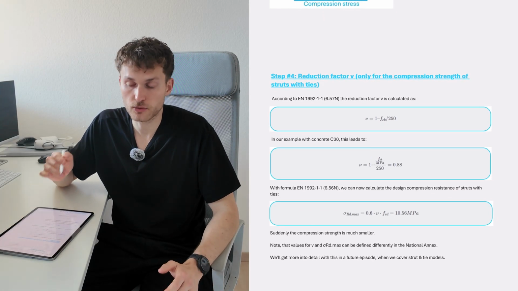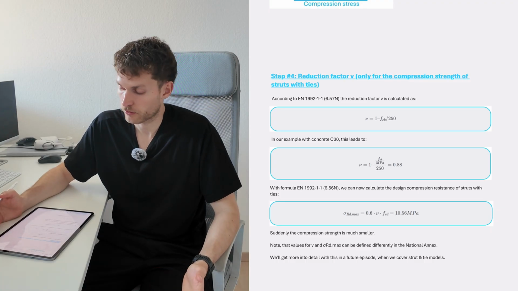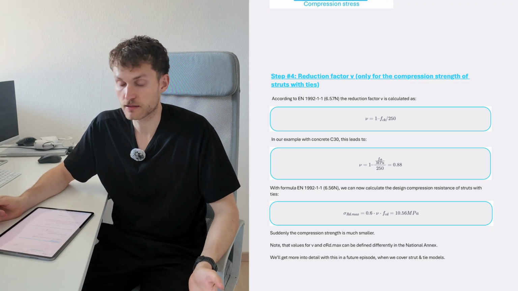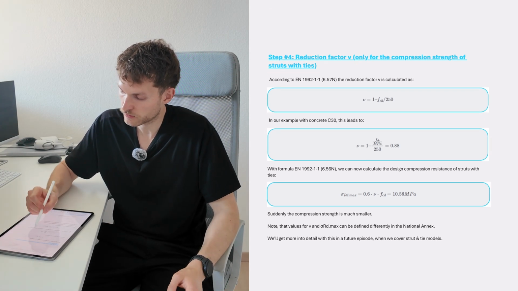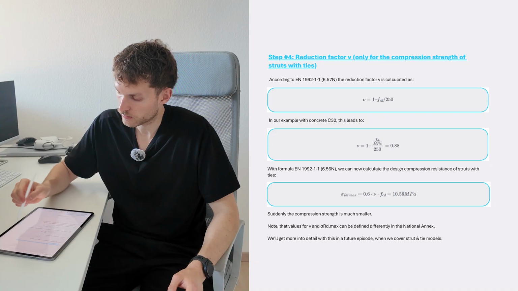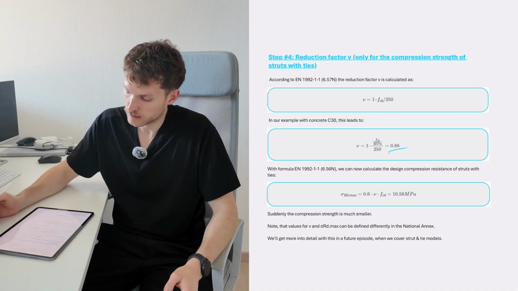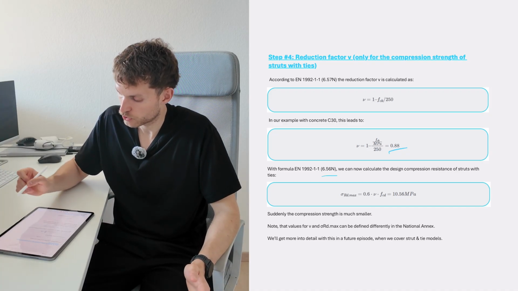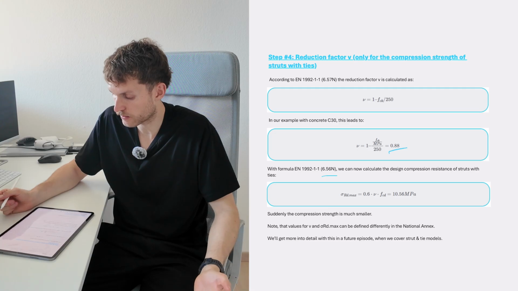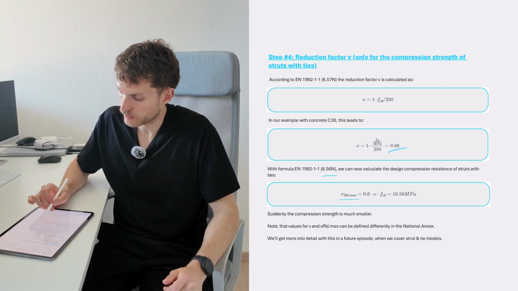And again, this only applies if you calculate the compression strength for nodes with struts and ties. So according to Eurocode, the reduction factor is calculated in our case for a C30 as 0.88. And with another formula from Eurocode 2, we can now calculate the design compression resistance of struts with ties.